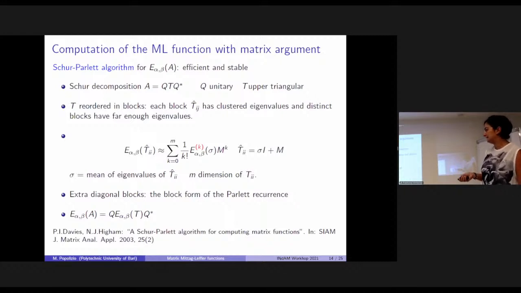Then, and this is a trick due to Davies and Higham that actually improved the initial version of this routine, T is reordered in blocks in such a way that each block has clustered eigenvalues and distinct blocks have far enough eigenvalues. And then we start computing the diagonal blocks of this triangular matrix by exploiting these truncated Taylor expansions.